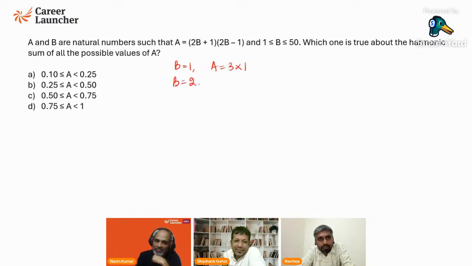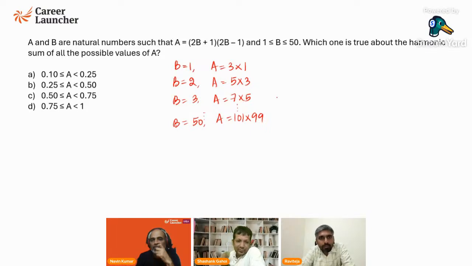At b equal to 2 we'll get 5 into 3. At b equal to 3 we are bound to get 7 into 5, right? So it's basically the term 1 by 2b plus 1 and 1 by 2b minus 1.